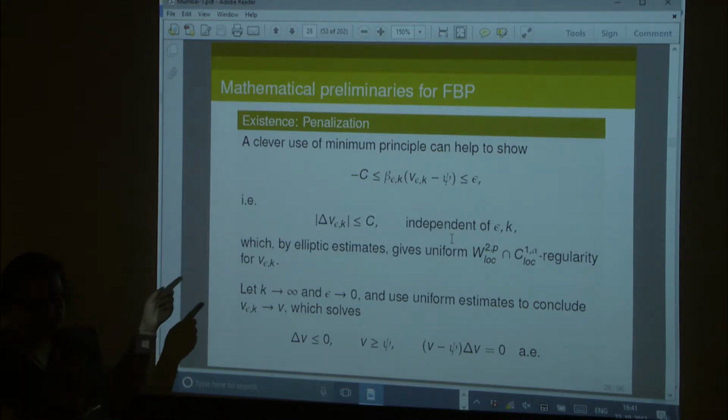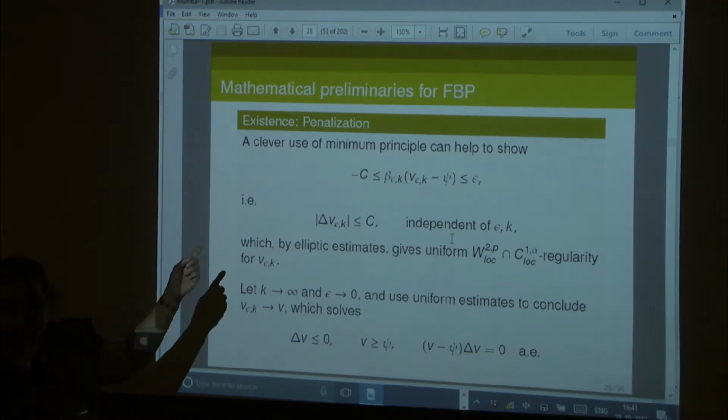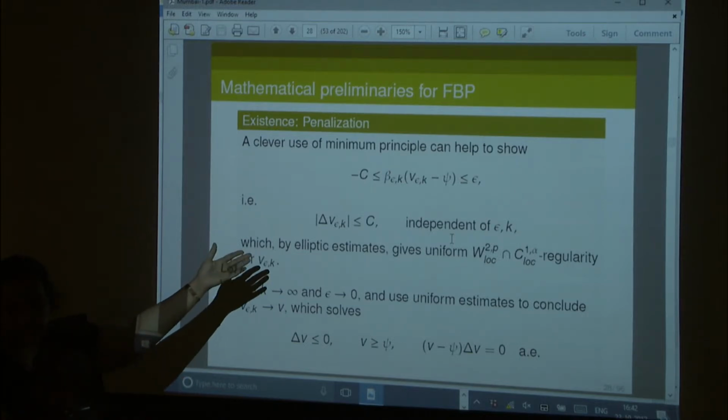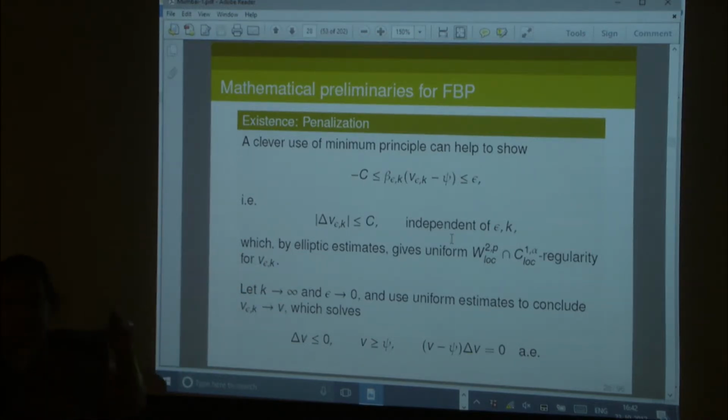You also proved that this minimum principle is the same as what I called maximum. You replace u by minus u, so you get the minimum principle just as we had the maximum principle. So you can show that it is bounded. It is a good exercise to go and check.